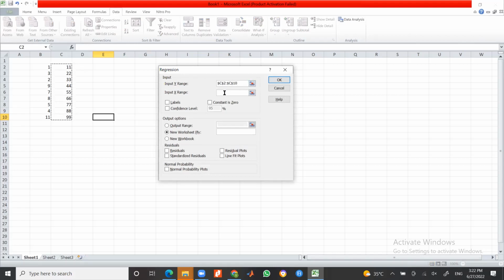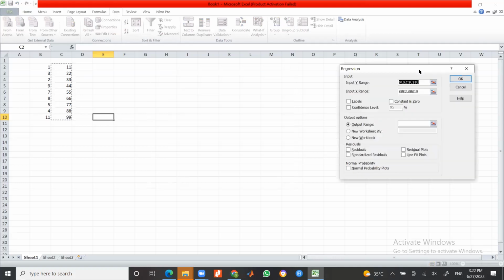And then for the X data, we click on the box of X data, and we select the X values. That's all. Then here we click on output range. Where do you want to show the output? I'm just going to click on here. I want it to give me the result.